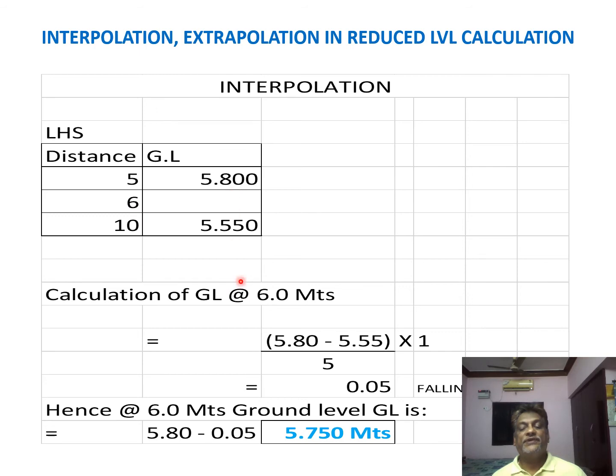So the difference between these two levels divided by 5 meters, and we require at 6 meters, which is 1 meter distance, we get 0.05 meters. So 5.8 is a falling gradient, so we need to subtract it, giving 5.75. We need to see whether it is falling or rising. If it is falling, it has to be subtracted. If it is rising, it has to be added.